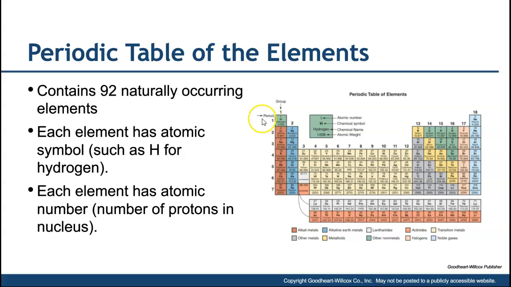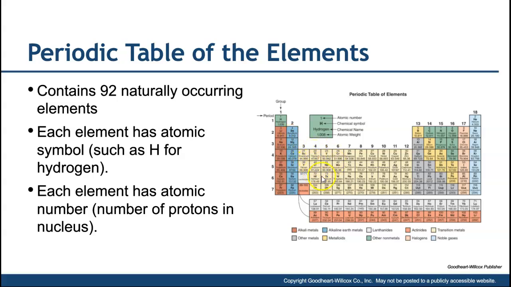As we look down, 1, 2, 3, these rows are referred to as periods, and the columns are referred to as groups. You can see our groups are associated here. The alkali metals are, for the most part, here in group 1. The alkaline earth metals are group 2.